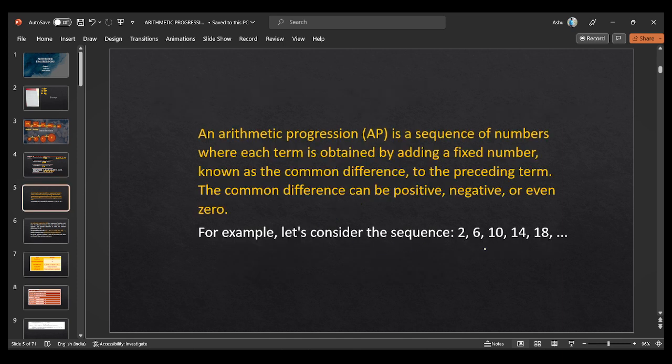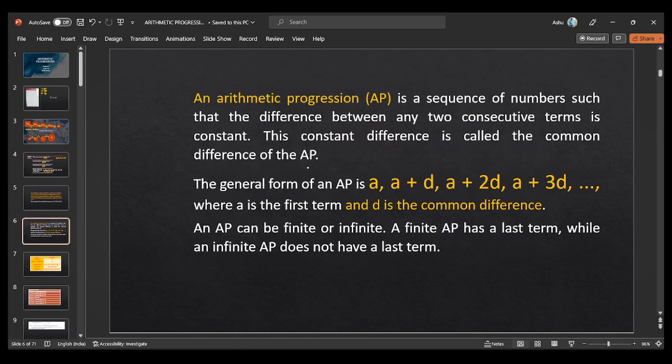Let's consider the sequences we already discussed. An arithmetic progression is a sequence of numbers such that the difference between any two consecutive terms is constant. This constant difference is called the common difference of the AP.